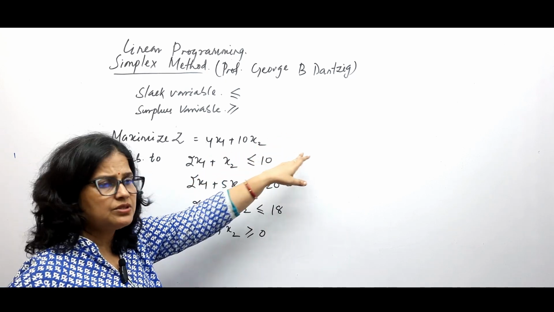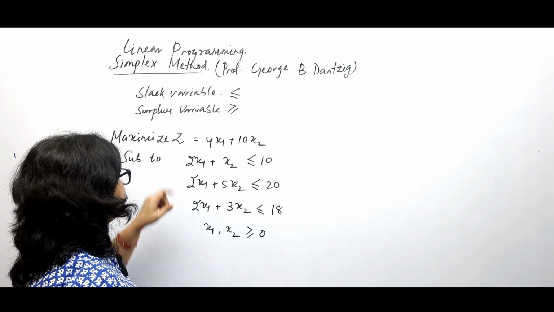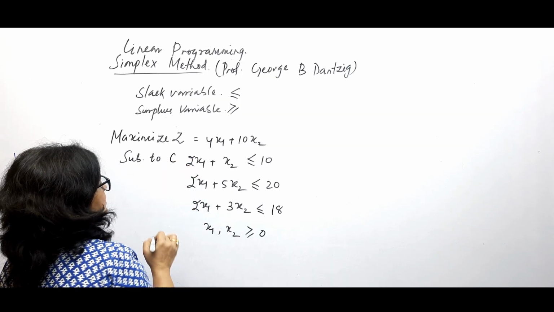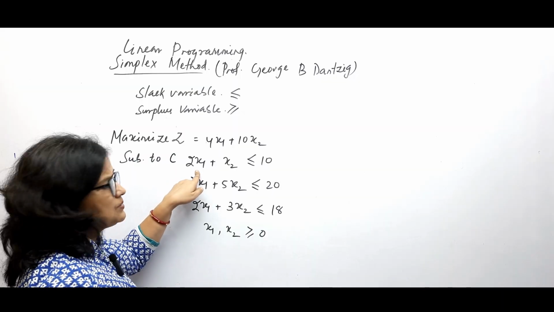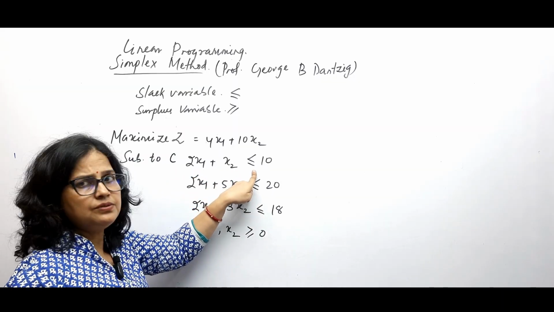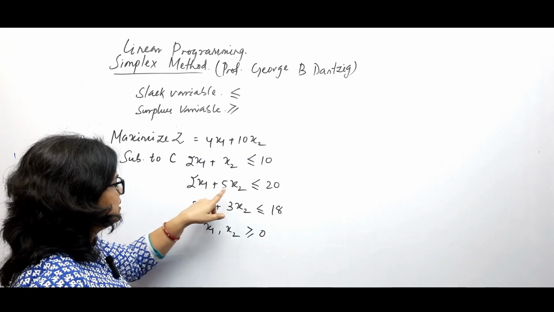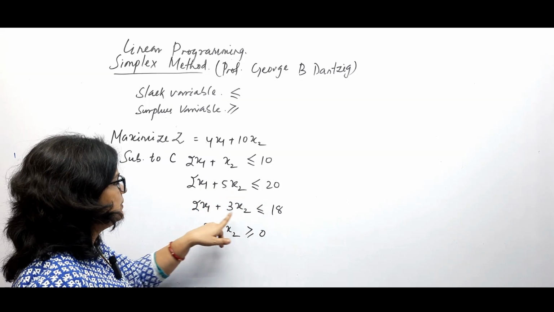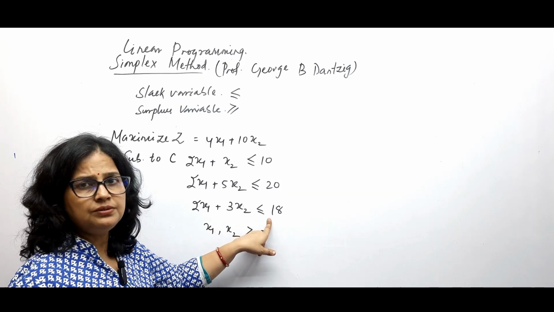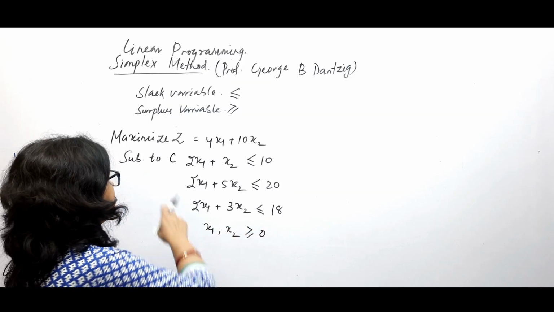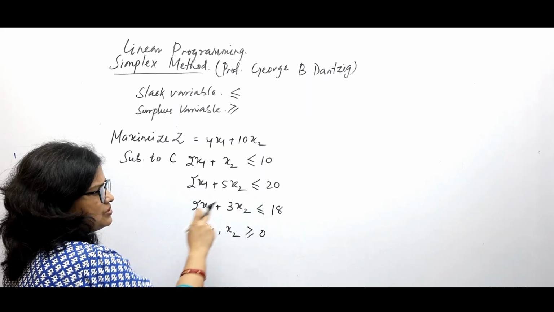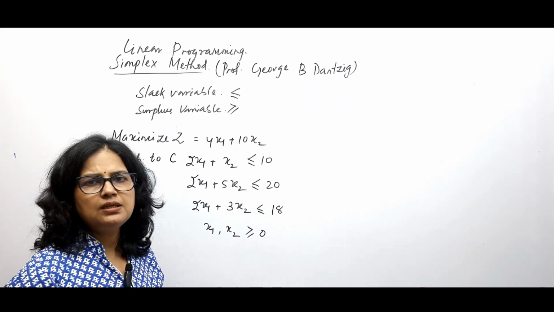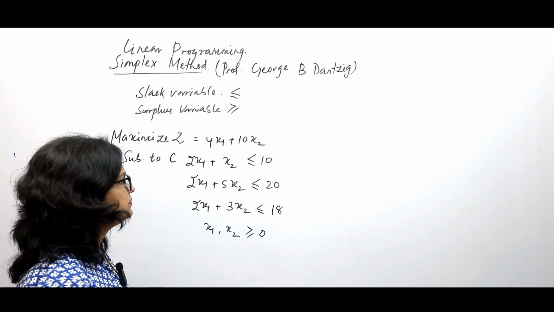It is the objective function, subject to the constraints: 2x1 plus x2 less than or equal to 10, 2x1 plus 5x2 less than or equal to 20, 2x1 plus 3x2 less than or equal to 18. As it is a maximization case, all the constraints are in less than or equal to form. x1, x2 greater than or equal to 0.